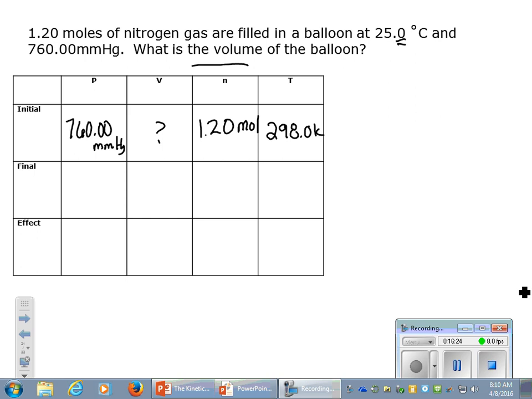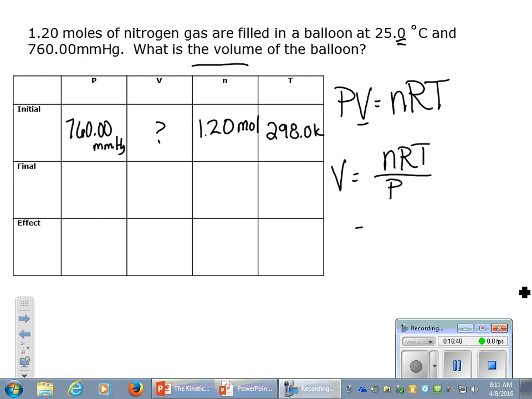So what we're going to do here, since we have no repeating conditions, is use our ideal gas law, PV equals nRT. We're solving for the variable volume. Volume is equal to nRT divided by P. And then we can plug and chug algebraically. N stands for moles, so that's 1.20 moles of a gas.